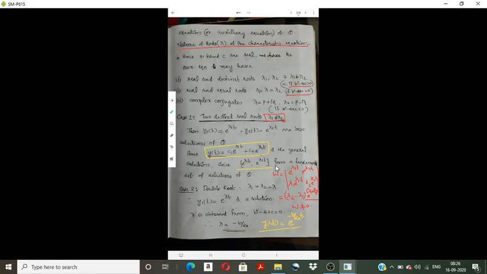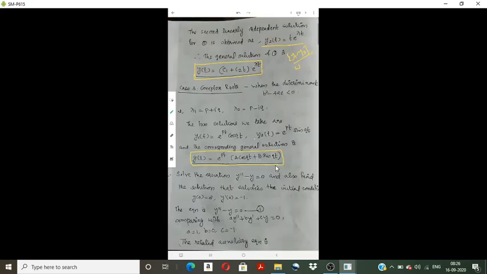If it has equal roots, then the general solution is c1 plus c2t into e raised to lambda t, and when it has complex roots, then the general solution will be e raised to pt into a cos qt plus b sin qt, where p is the real part of lambda 1 and q is the imaginary part of lambda 1.